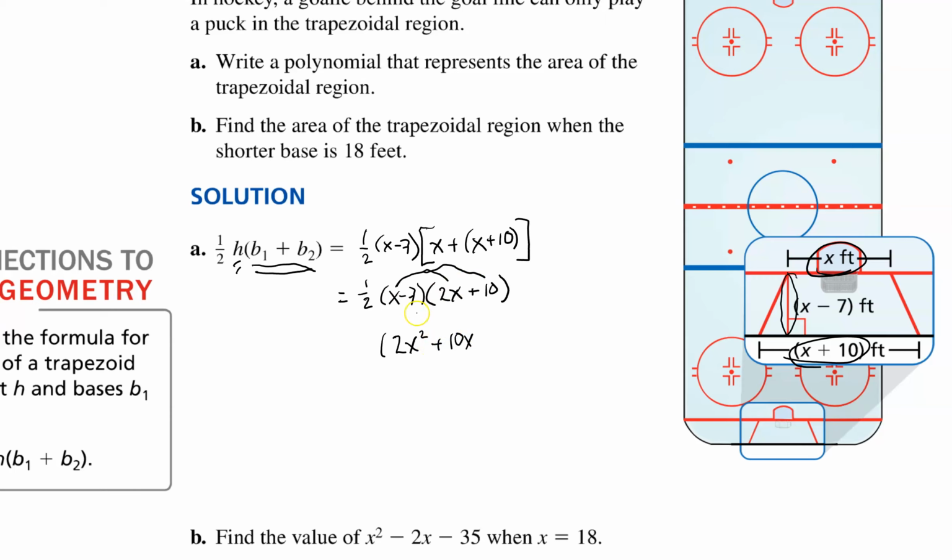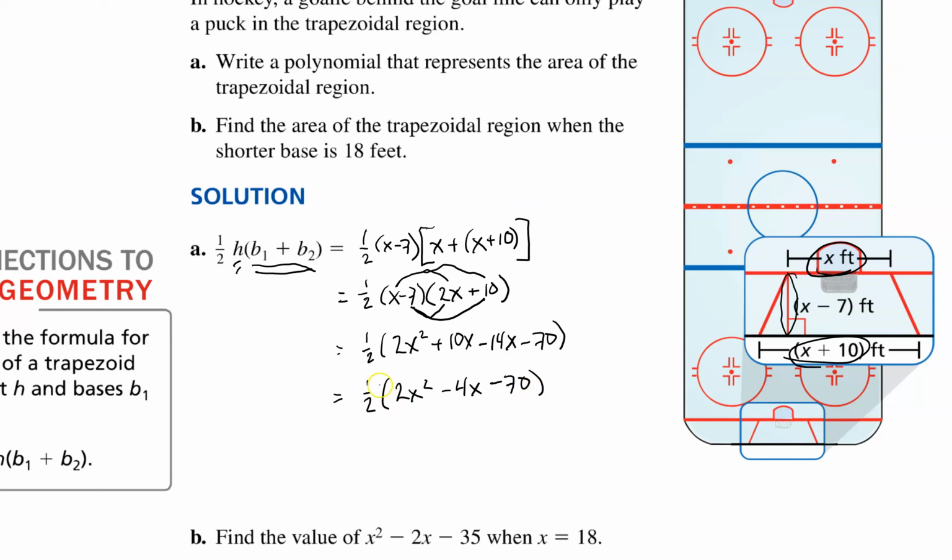Those are the outer terms. The inner terms, negative 7 times 2x would be negative 14x. And then negative 7 times 10 would be negative 70. And then the 1/2 on the outside is still there. So then I'm going to combine like terms. I get 2x squared. 10x minus 14x would be minus 4x. And then minus 70.